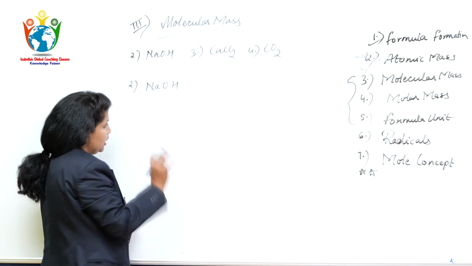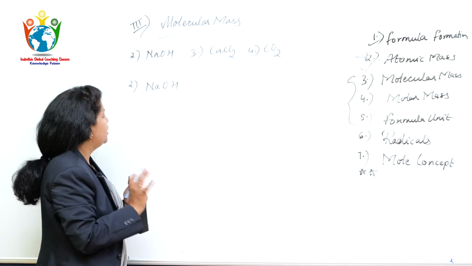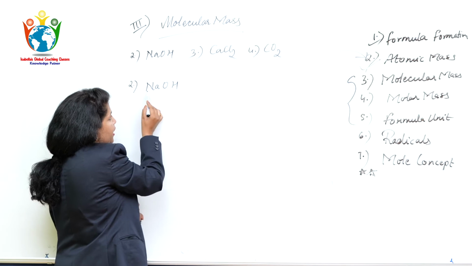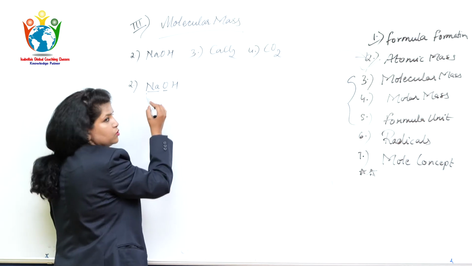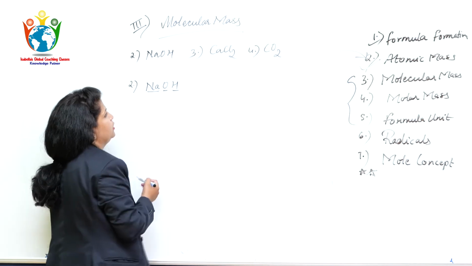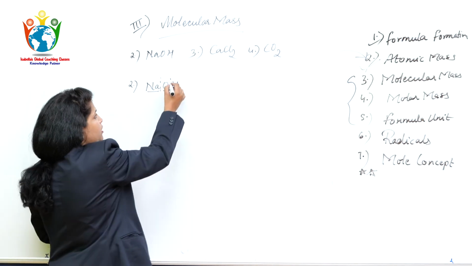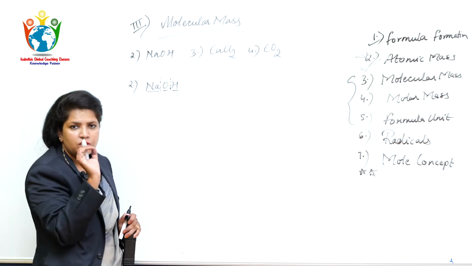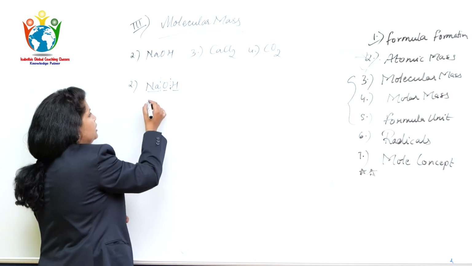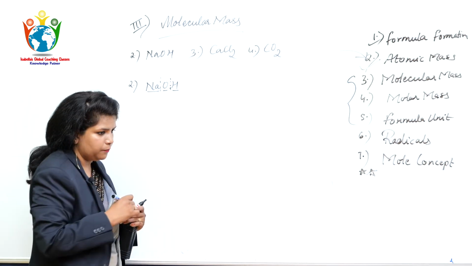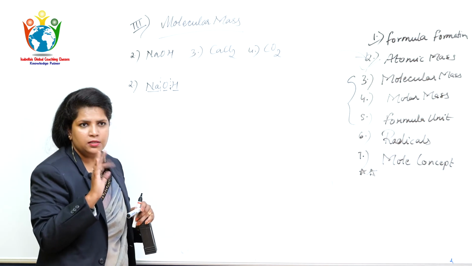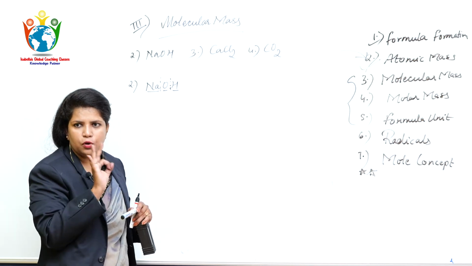NaOH. Now again I am reminding you that you have Na, that is sodium, you have O, that is oxygen, you have H, that is hydrogen. Just divide them so that you can understand, when there is division you need to add plus. Now Na: sodium comes at the 11th position, it is an odd number.